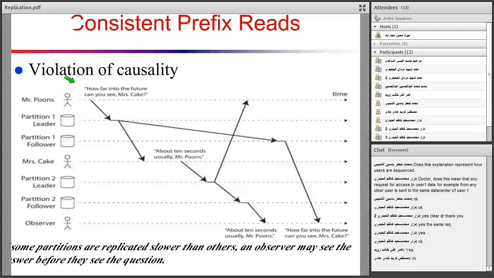This is a heavily loaded application, and so the data of this application can be separated into two partitions, partition one and partition two.